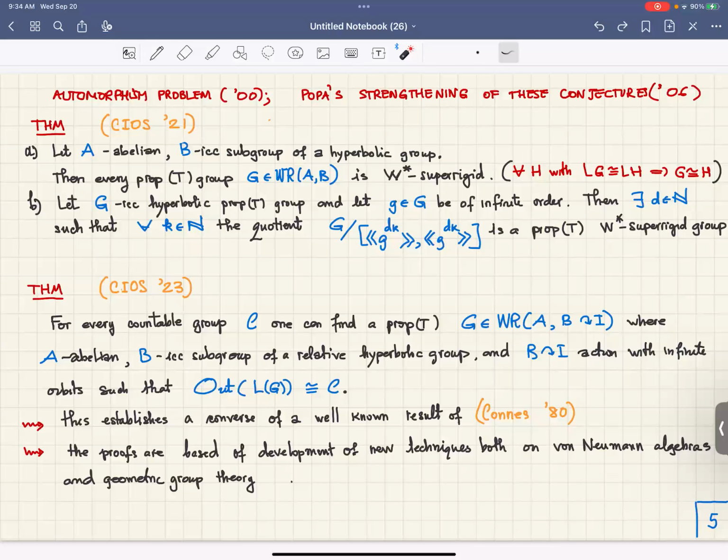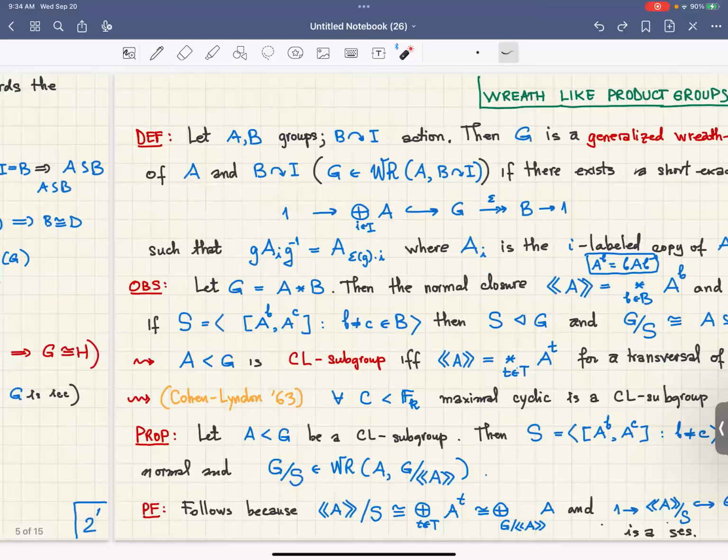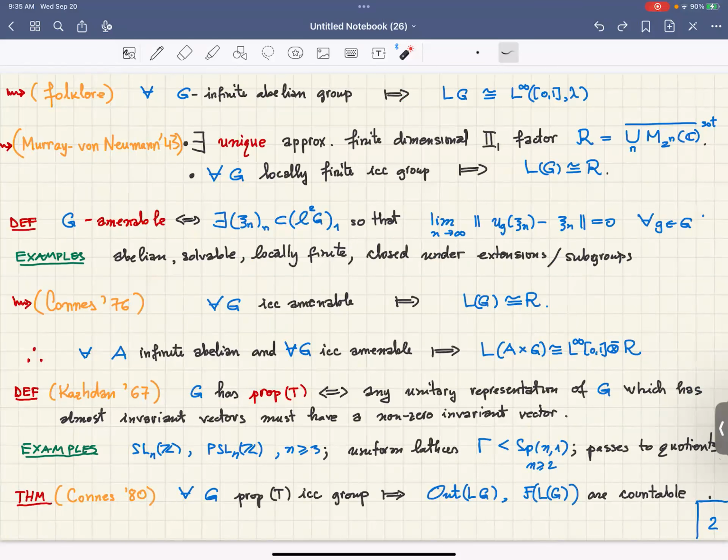Okay. More recently, we were also able to establish a converse to this well-known result of Connes, the one that I mentioned. So at the beginning, I mentioned that Connes discovered that property T group factors have countably many symmetries.